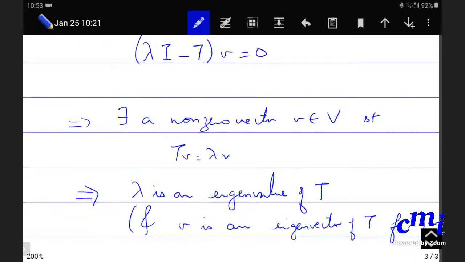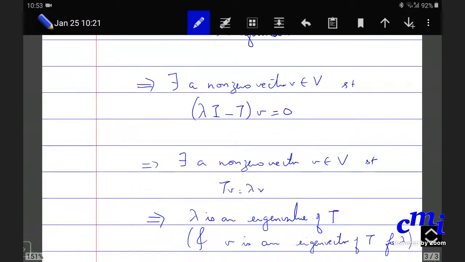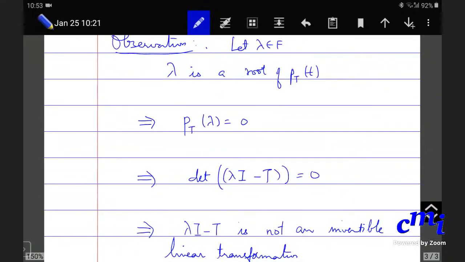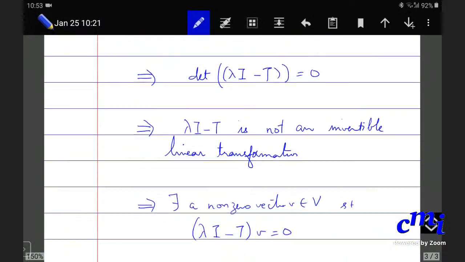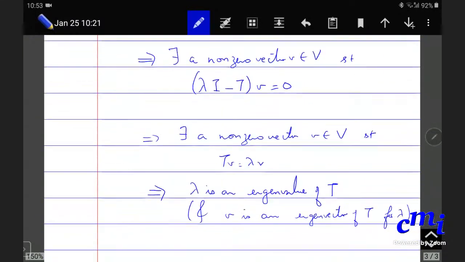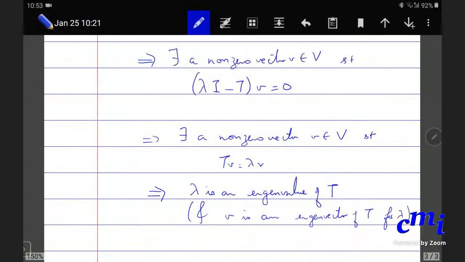Okay, so this is just what it means to say that lambda is a root of the characteristic polynomial. There exists a non-zero vector with this property. That is exactly saying lambda is an eigenvalue. And the converse direction is also true. If lambda is an eigenvalue, then there must exist a non-zero vector with this property.